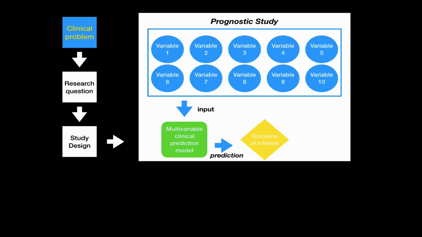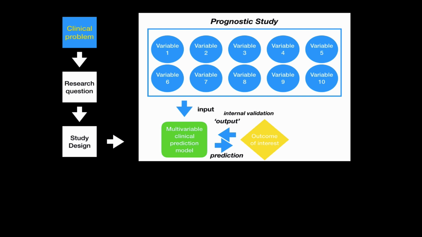The goal of the prediction model is to accurately predict a certain outcome of interest, and thus, in a sense, the outcome of interest is some kind of output of the clinical prediction model. But we also use it as an input to construct the model equation. The discordance between the predicted and observed events is reflected by the residuals, and if there is a large discordance, then it is said that the calibration of the model is poor.